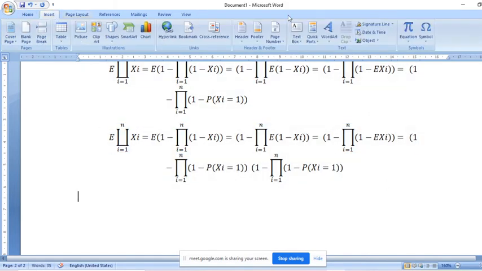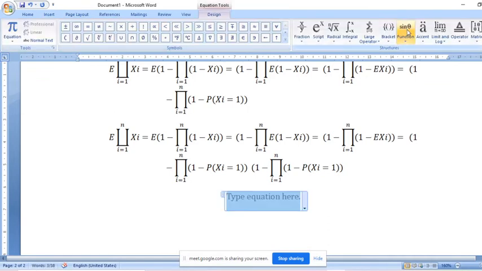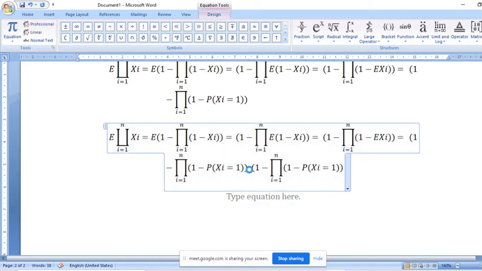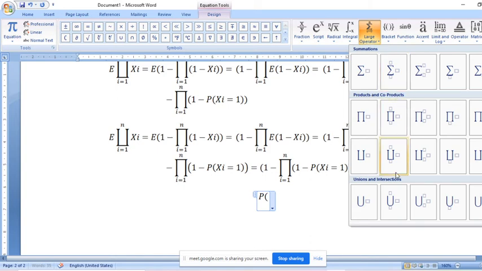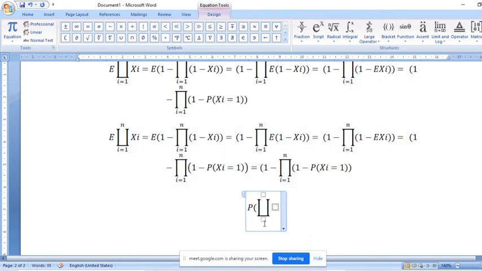We can write again probability of union i equal to 1 to n of xi equal to 1.